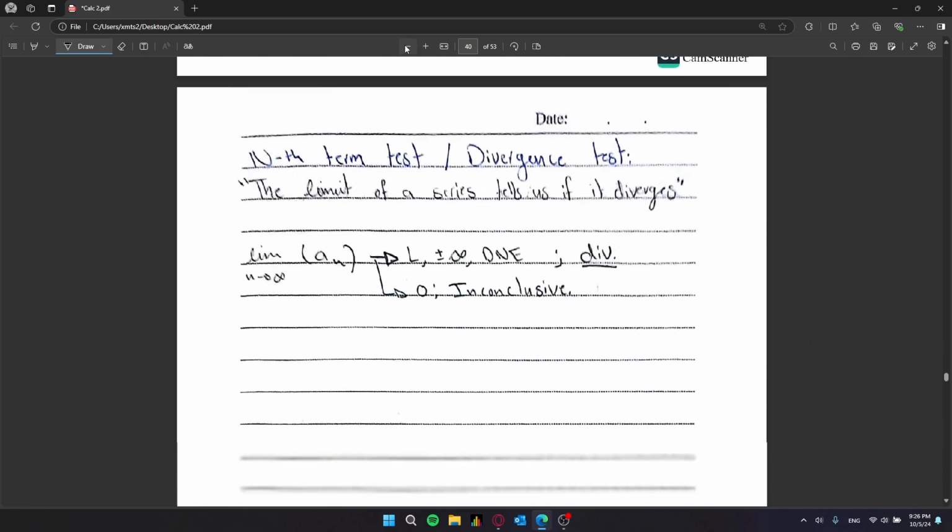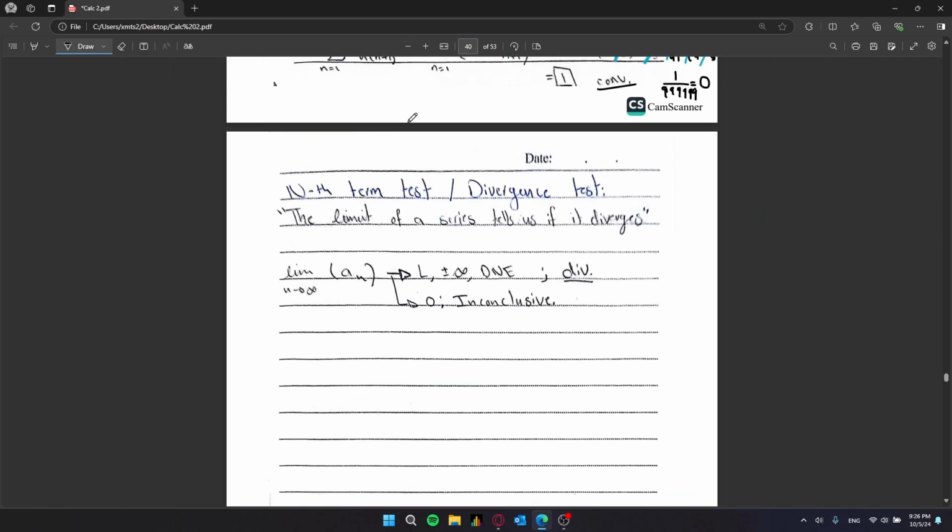Now, you have something called the nth term test or the divergence test. These terms are synonymous, they both mean the same thing, which is just if you take the limit of a sequence, if you take the limit of a series, depending on what that limit gives you, it tells you if it diverges or if it does not diverge. It does not tell you if it necessarily converges.